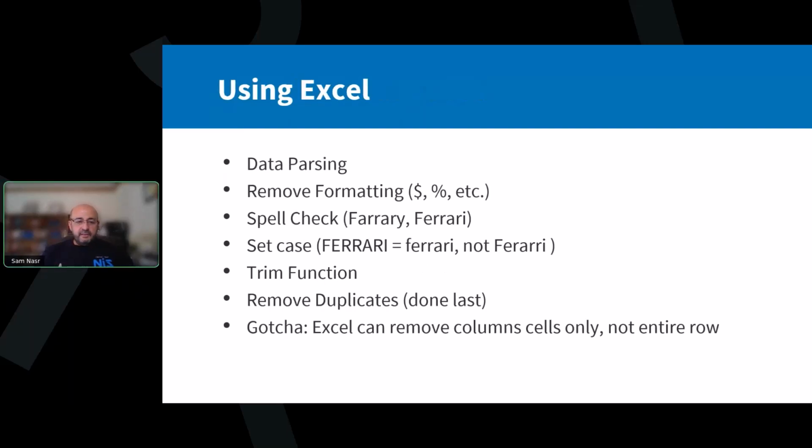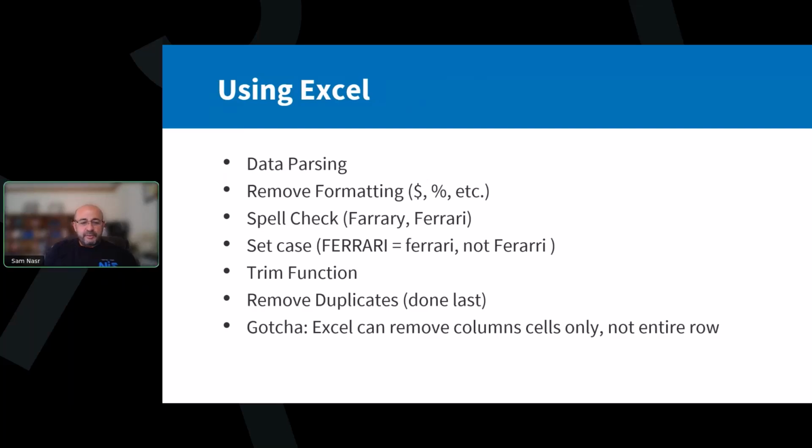When using Excel, it's very convenient for utilizing the data parsing features and removing formatting. You can also use it for spell check, setting the case, using the trim function to remove spaces, and removing duplicates. And if you notice, for removing duplicates, I specified that it should be done last. Why do you think that would be?